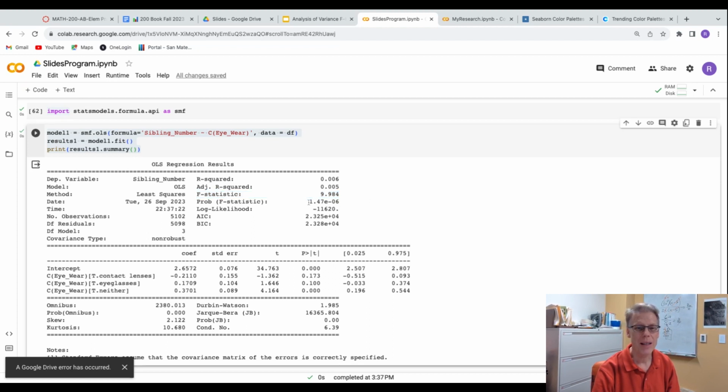And then more importantly than that is this: the probability that we would get that F statistic or an even bigger one.